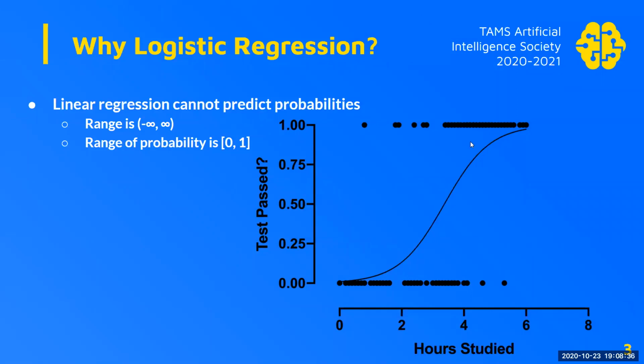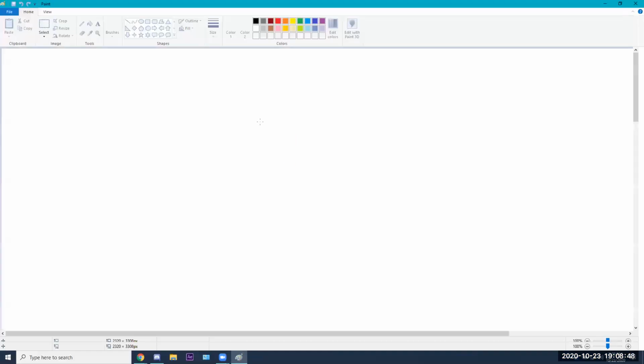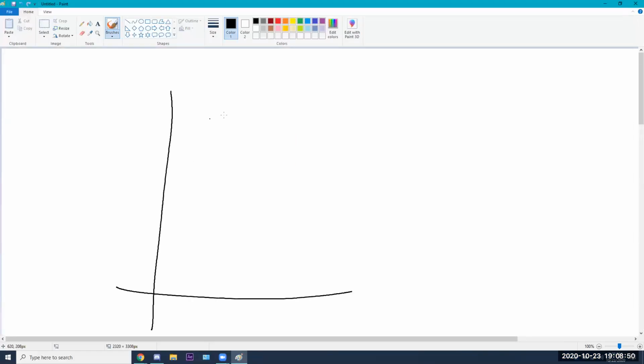But the problem with this is that linear regression is not bounded to 0 to 1, not bounded by anything actually. So if I was to draw, this is our features, or our data set, and you just draw a simple line of best fit through them, something like this.